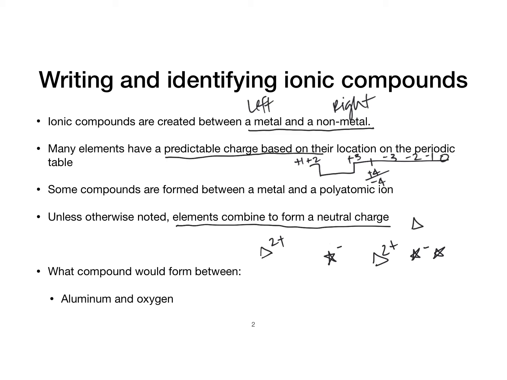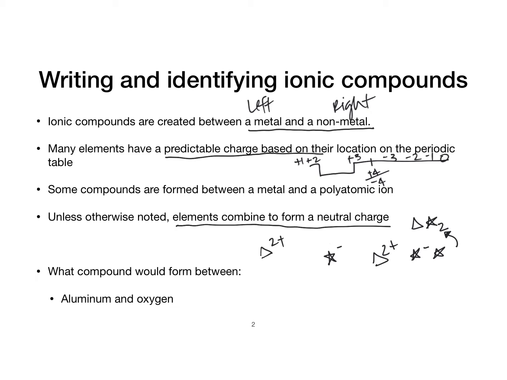So you would get a triangle star 2, where this subscript here tells you how many of something you have. And so we can look at the combinations between these for any set of elements or elements and compounds.